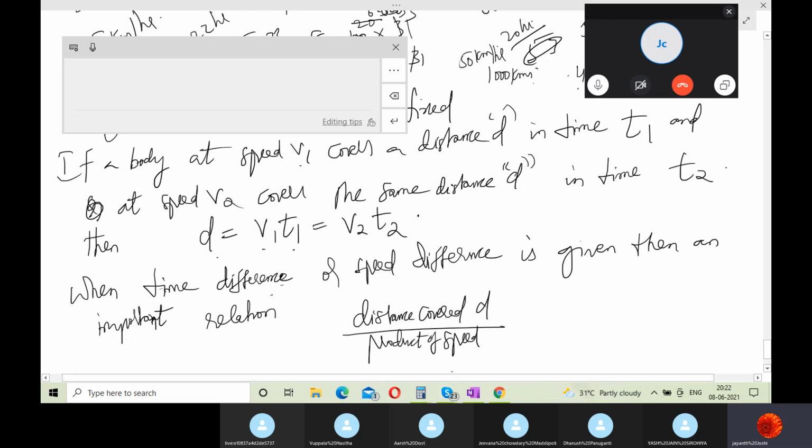Okay, that is, I will tell you that product of speed V1 V2 is equal to difference in time by difference in speed is equal to product of time by distance covered D. Please all of you write down this one. I will tell you what is happening here.